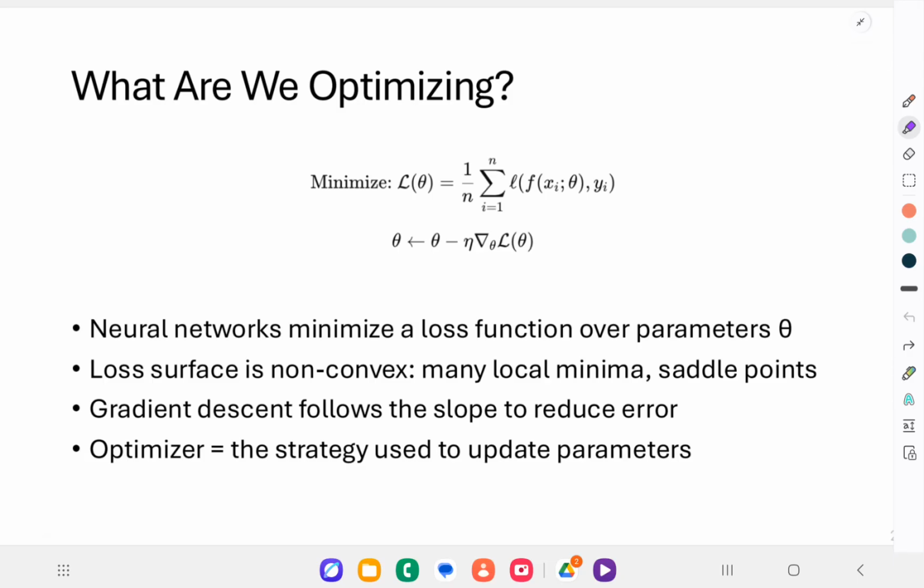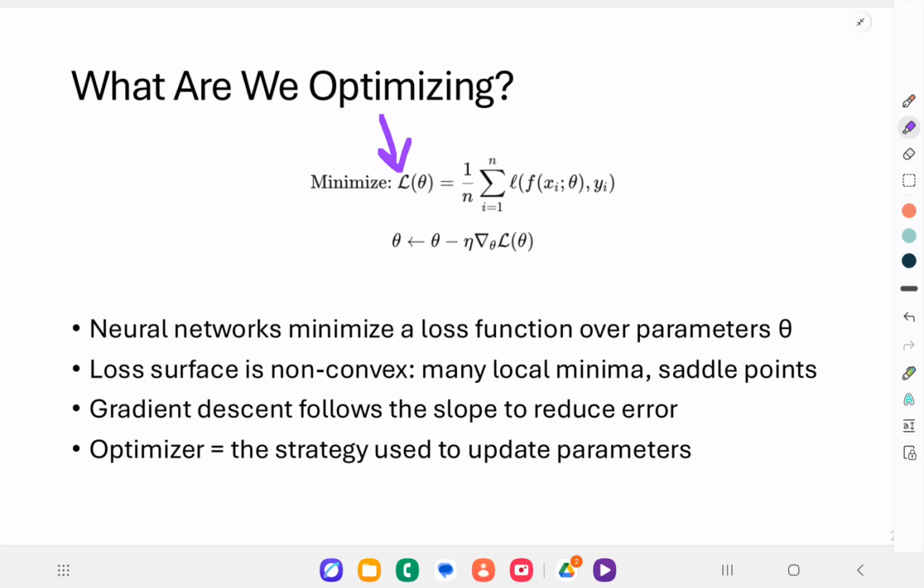This is the mathematical core of training a neural network as we've seen it before. We are minimizing a loss function, and that's usually the L right here, where the theta represents all the trainable parameters, the weights and the bias, as we've discovered in previous lectures.